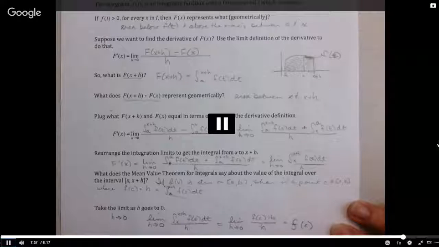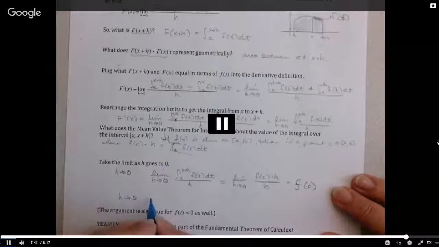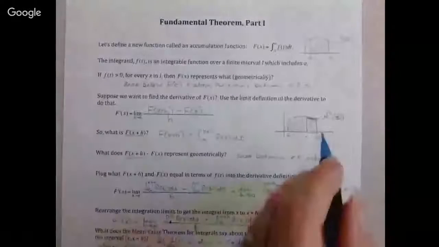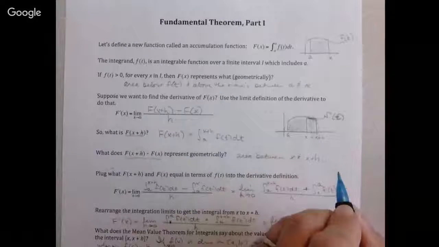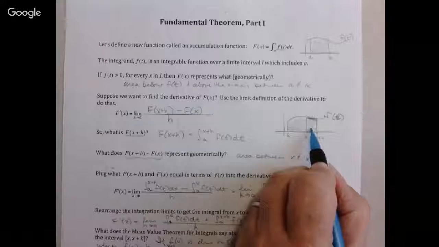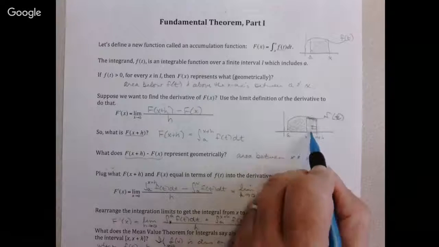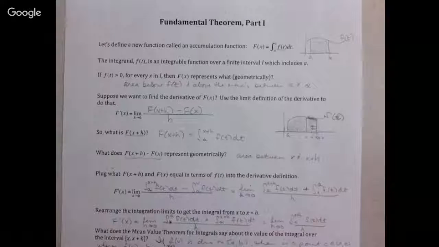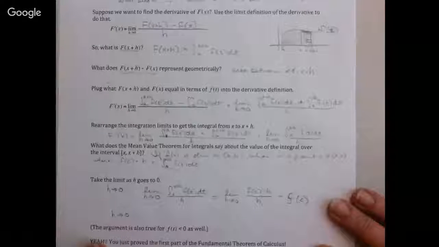Well, now let's just think for a minute. As h goes to 0, think about what happens to c. Here's c. As h goes to 0, this x plus h is going to go toward x. What's going to happen to c? Well, as h goes to 0, c is going to go to x.